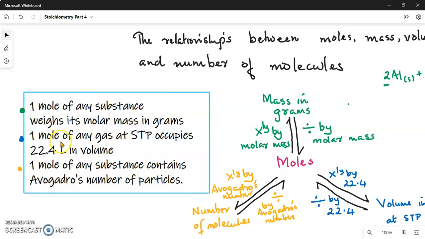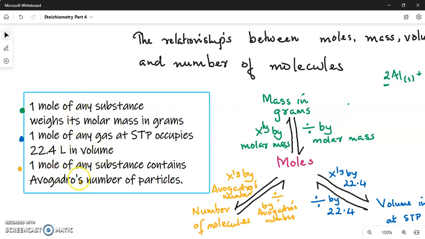Now there is one more relationship between mole and volume. That is only for gases, because it is much easier to measure gases in volume rather than mass. We need a relationship between moles and volume. So that relationship is 1 mole of any gas at STP, standard temperature and pressure, will occupy 22.4 liters in volume.